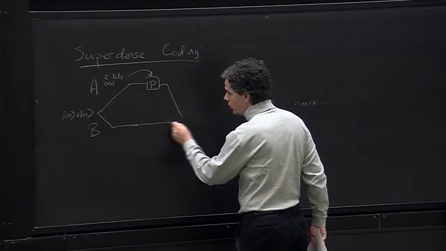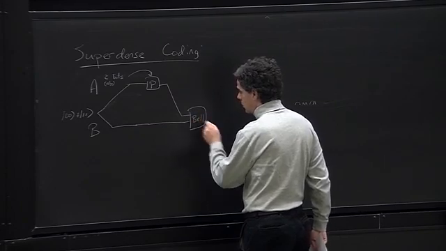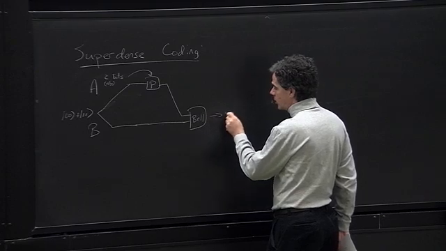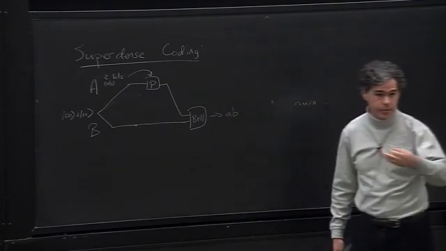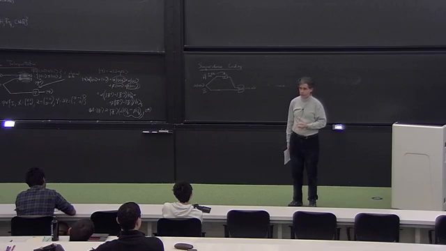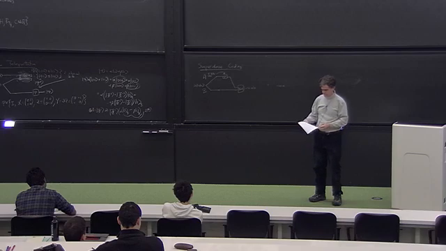She's going to send this qubit to Bob, and then Bob will make the Bell measurement. And then based on the outcome of that Bell measurement, he'll have the 4 possible states, and that will correspond to the 4 possible messages that Alice can send with 2 bits. OK?